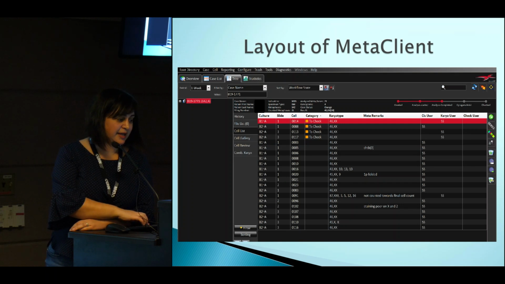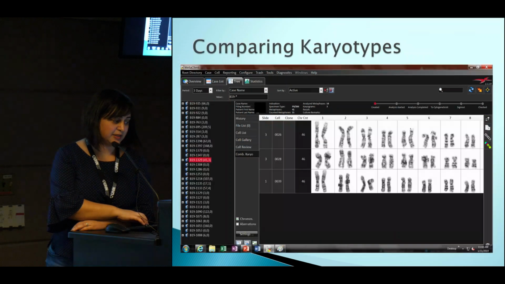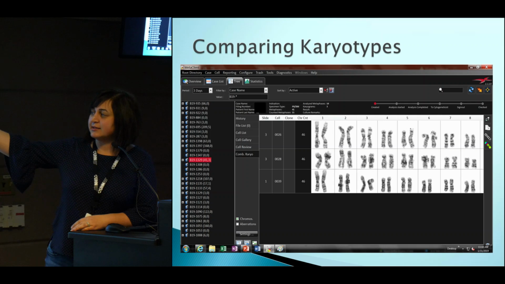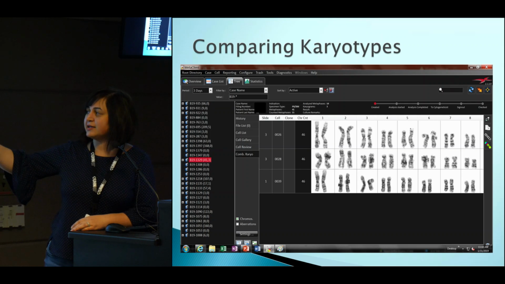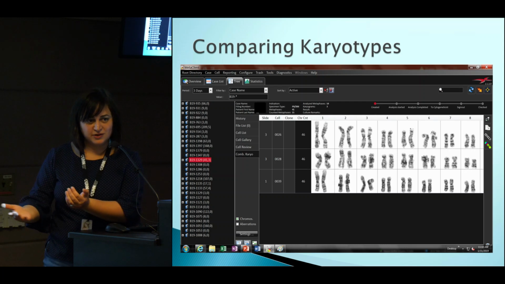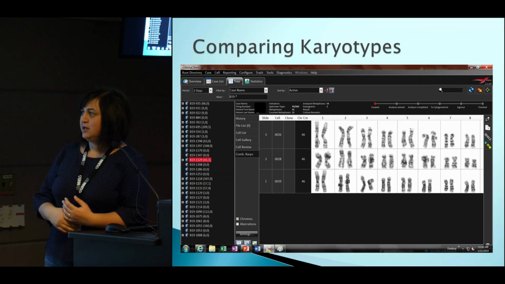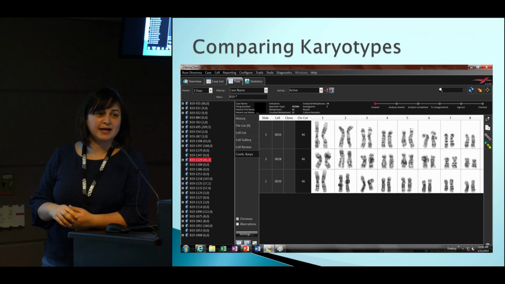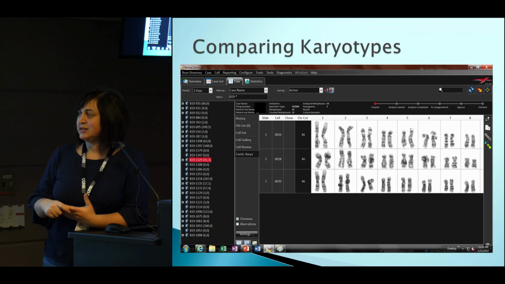Once the case is passed on to the checker, they'll look at those 4 cells, and they can do that by combining the karyotypes. So they'll look at all the karyotypes at once instead of looking at paper images of each karyotype one at a time. So they can go ahead and compare chromosome 1, chromosome 2, and look at the abnormalities that were found in the case.